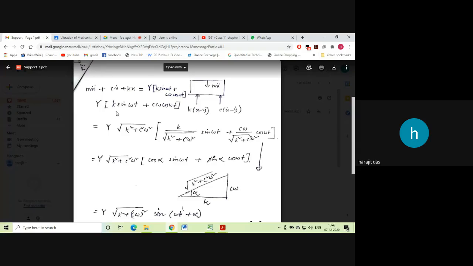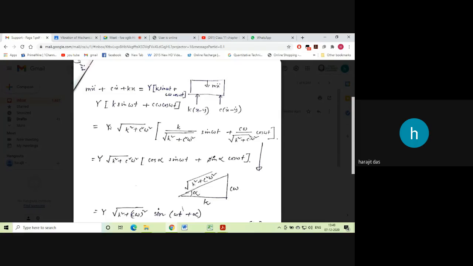From here, I will make Y common, and instead of this term I will make common the root of k square plus c square omega square, the squares of this coefficient and this coefficient. So in the bracket, what term will remain there?